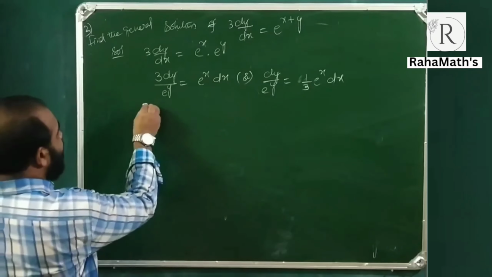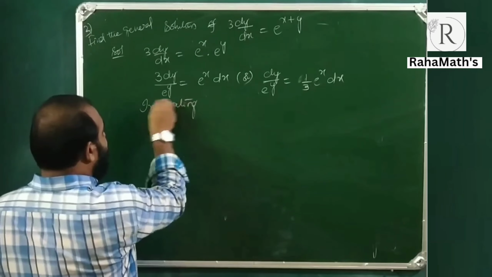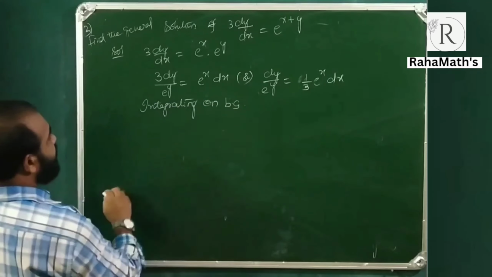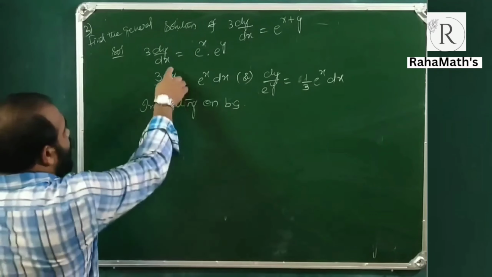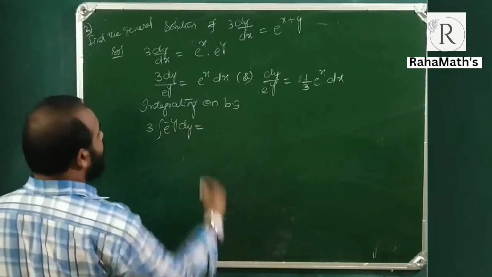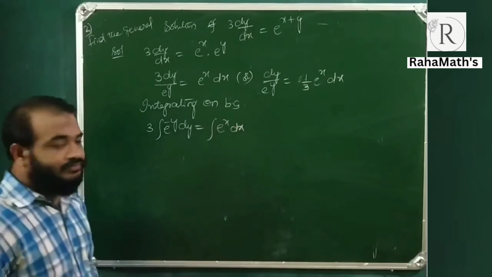Now integrating on both sides, 1 by e power y can be written as e power minus y dy is equal to integral e power x dx.